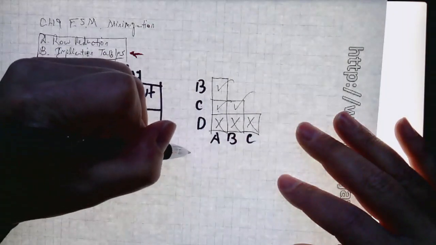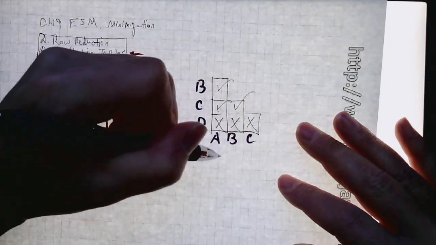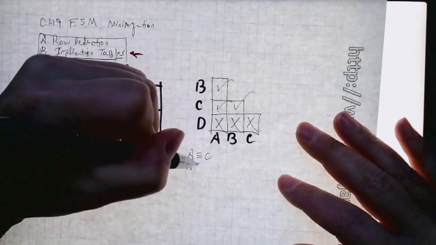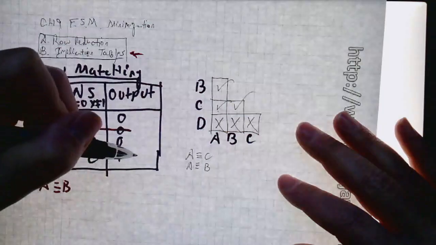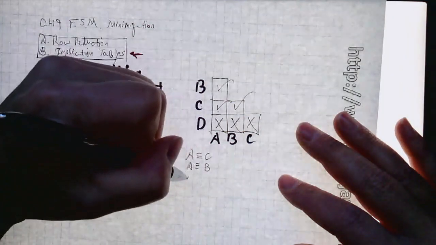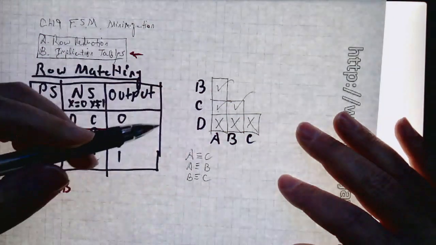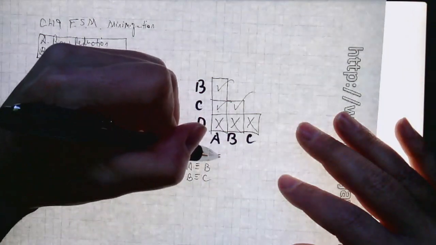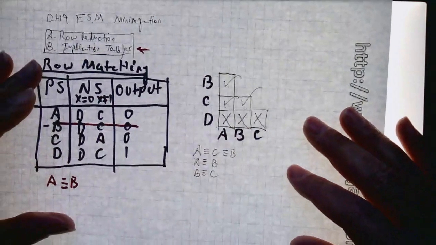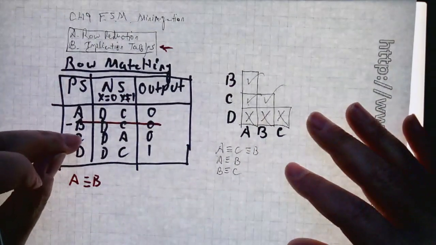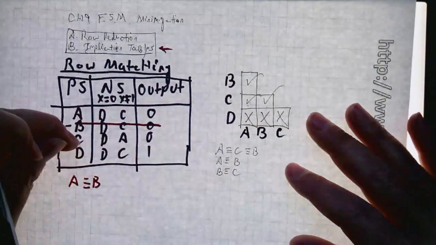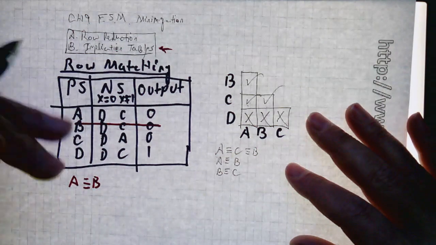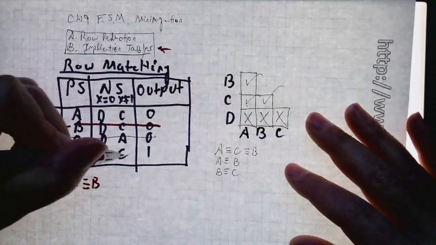We have A is equivalent to C, and we have A is equivalent to B, and then we have B is equivalent to C. And if A is equivalent to B and B is equivalent to C, then A is equivalent to C, which is equivalent to B. So now I can take the C part and wipe it out, and everywhere I see C I can write A. And that gives us a big simplification.